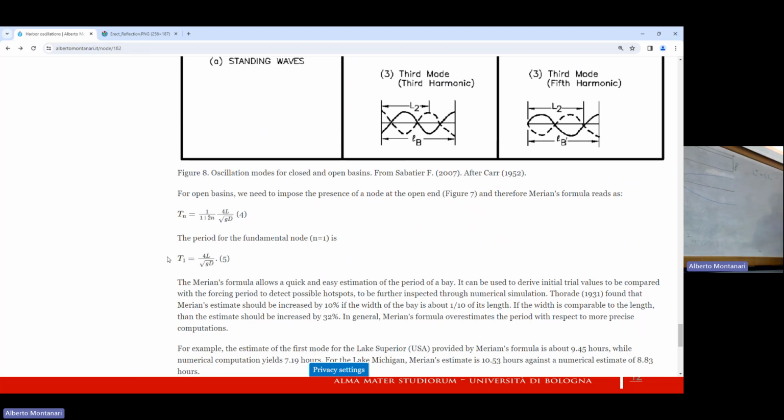Because in the distance of L, you have just 1/4 of the wave period, because then you have to go back to 0 and then there is the lower part. Okay, so what is the period then of this wave? The period T is equal to 4L divided by the square root of gD.